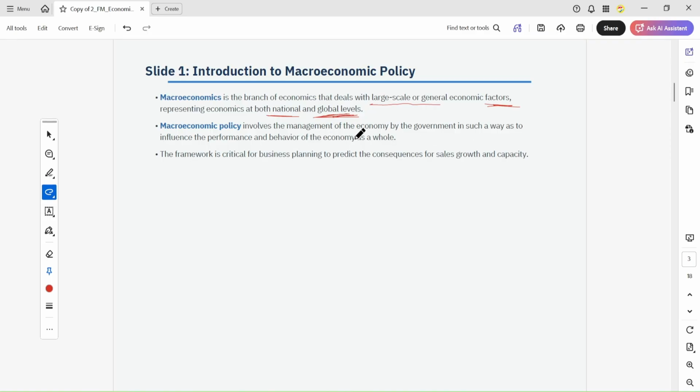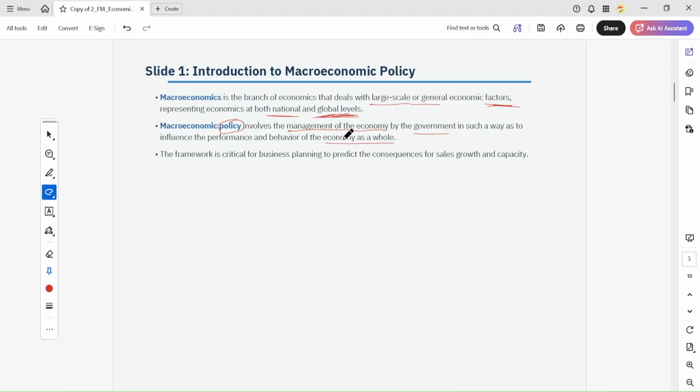So you manage the economy, and that management is done by the government in such a way that it influences the performance and behavior of the economy as a whole. So government makes the policies.